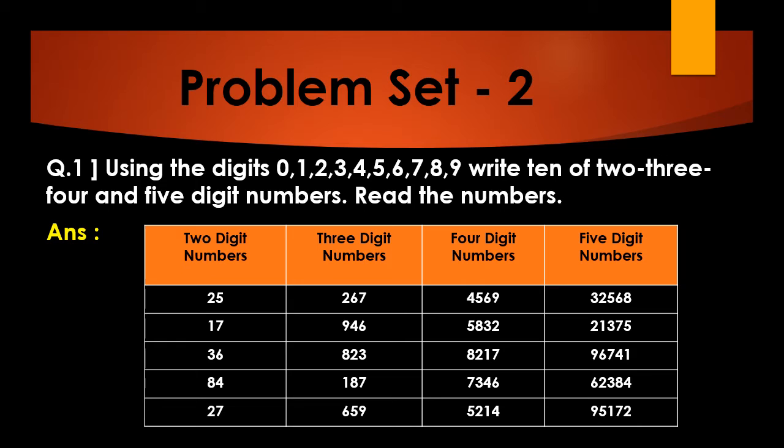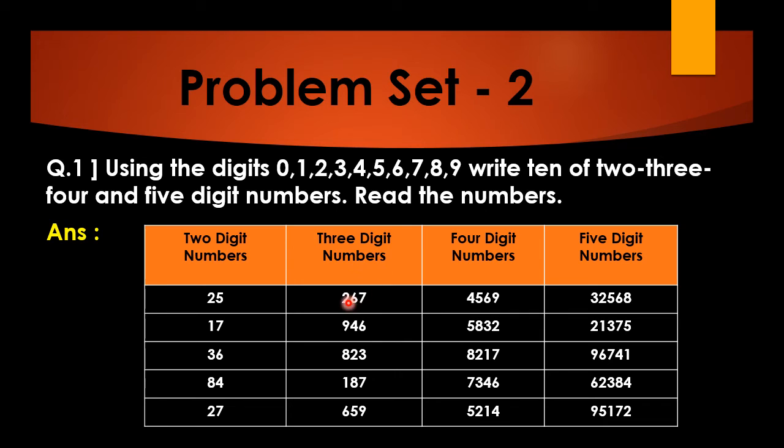See children, here I have written the numbers in tabular form, and you can see 2 digit numbers, 3 digit numbers, 4 digit numbers and 5 digit numbers. First is 25, where you can see 2 digits are there. Likewise, I have given you 5 numbers over here.